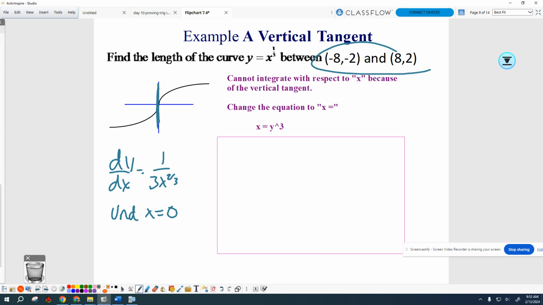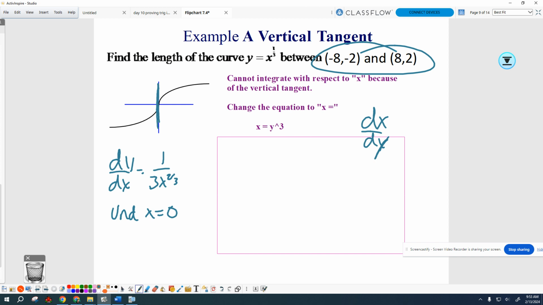Then you say, all right, can't do this according to x, so maybe flip it upside down. Solve for x and then find dx dy and see if that integration works.